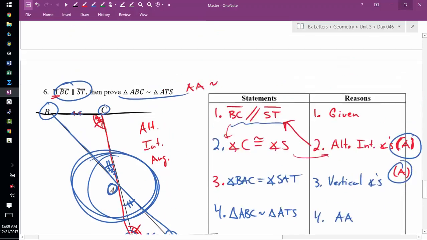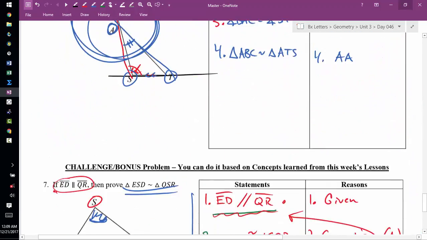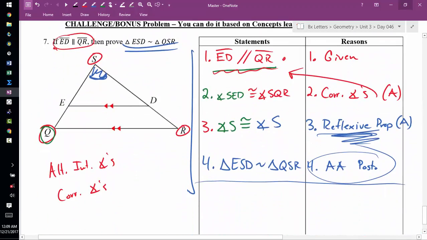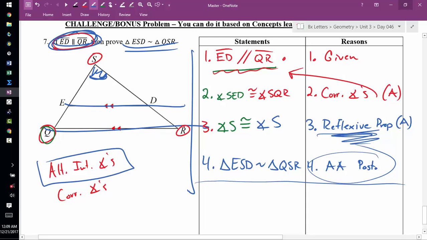That's something you should be thinking about. When they tell me lines are parallel, you should be thinking about alternate interior angles. You should be thinking about corresponding angles. That's something you should be thinking about. That's how you should be training your mind to approach these proofs.